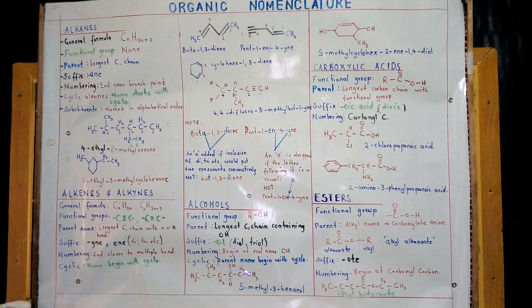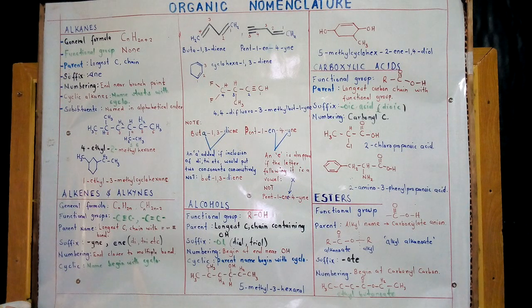Let's look at this compound here. Now the functional group, as we have said, is R attached to OH. And for that case, the numbering, of course, we shall start to count from the end near the OH group. That is carbon number 1, 2, 3, 4, 5, 6.